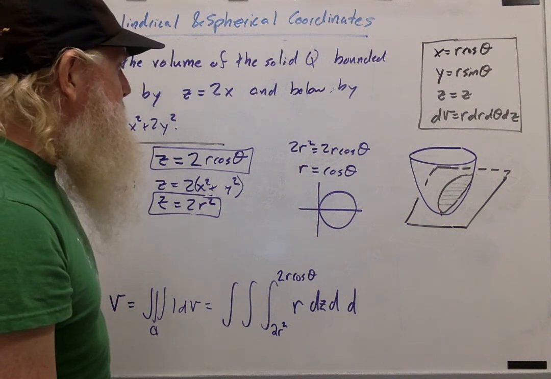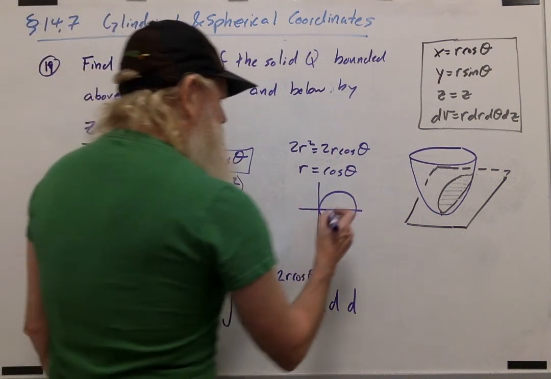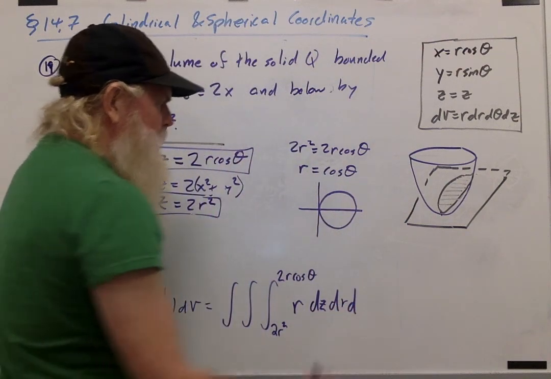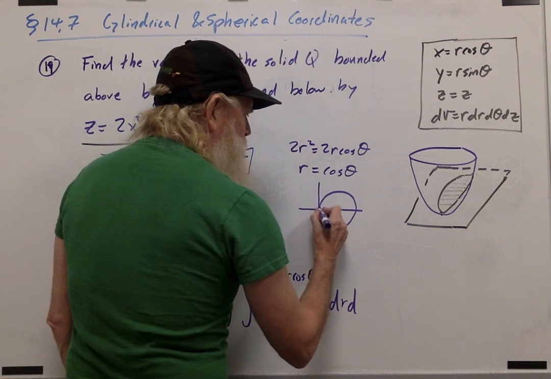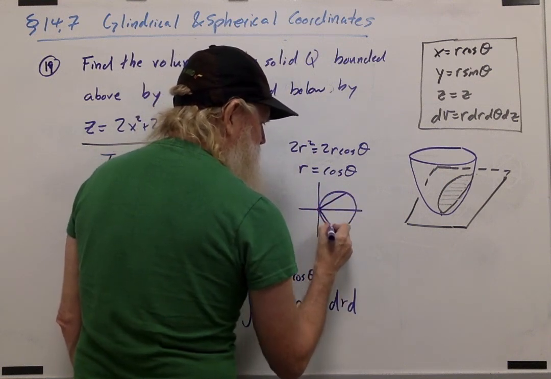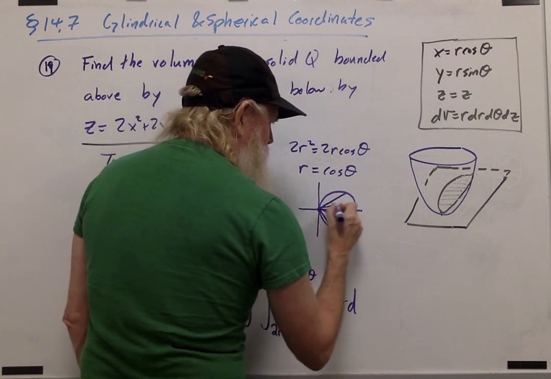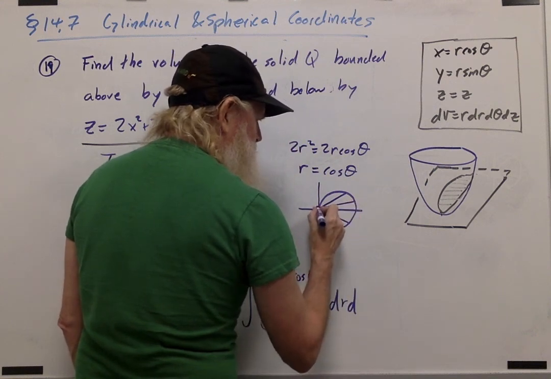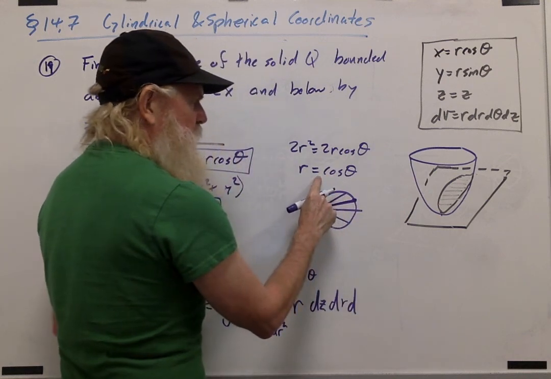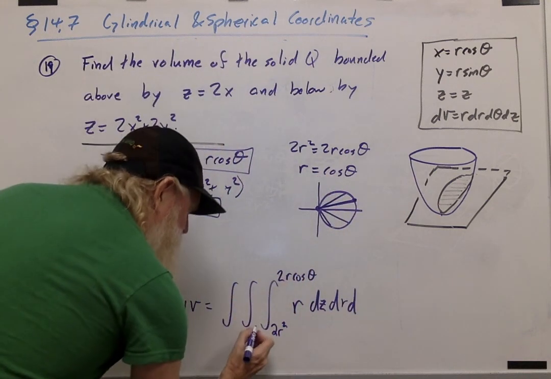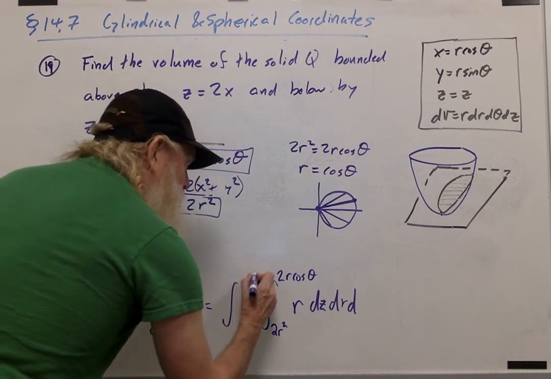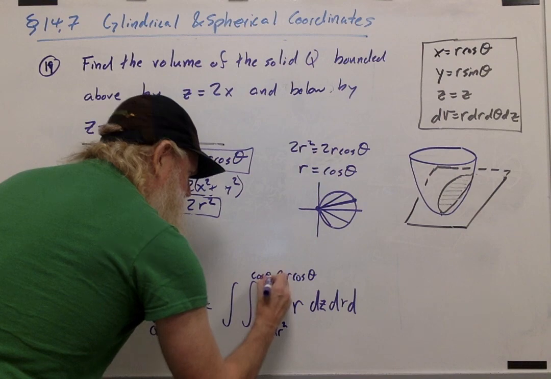Now I think that what I want to do is place r next, because r is always going to go from the origin out to the circle. So for any of these angles, r will start at r equals 0, and it will stop on the circle, which is r equals cosine theta.